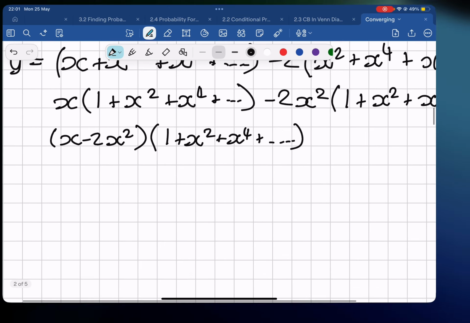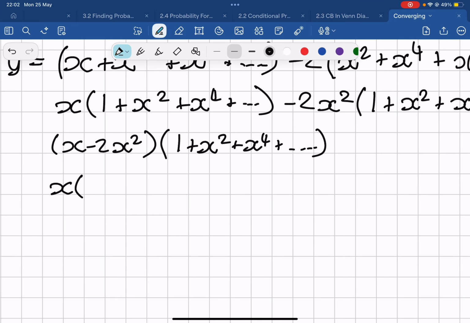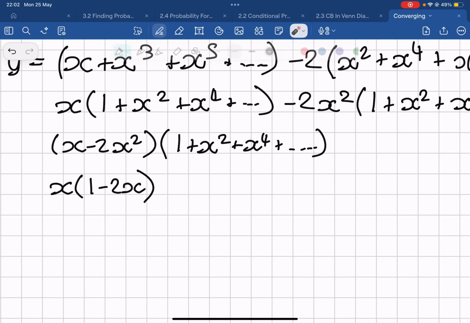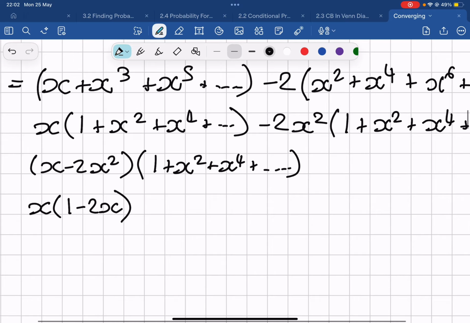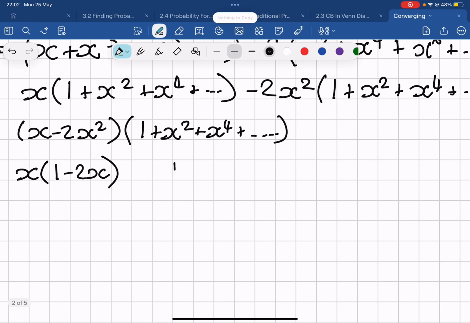Now notice how we can factorize even further. x, and then we have 1 minus 2x, and this part here is just a geometric sum with ratio x squared and first term 1. So using our formula, a over 1 minus r, we have first term 1 all over 1 minus r, where r is x squared.